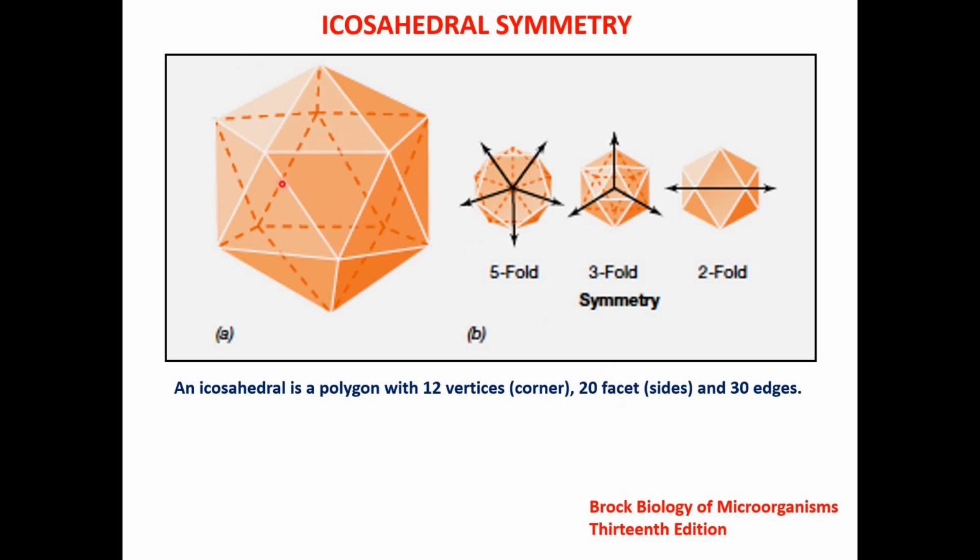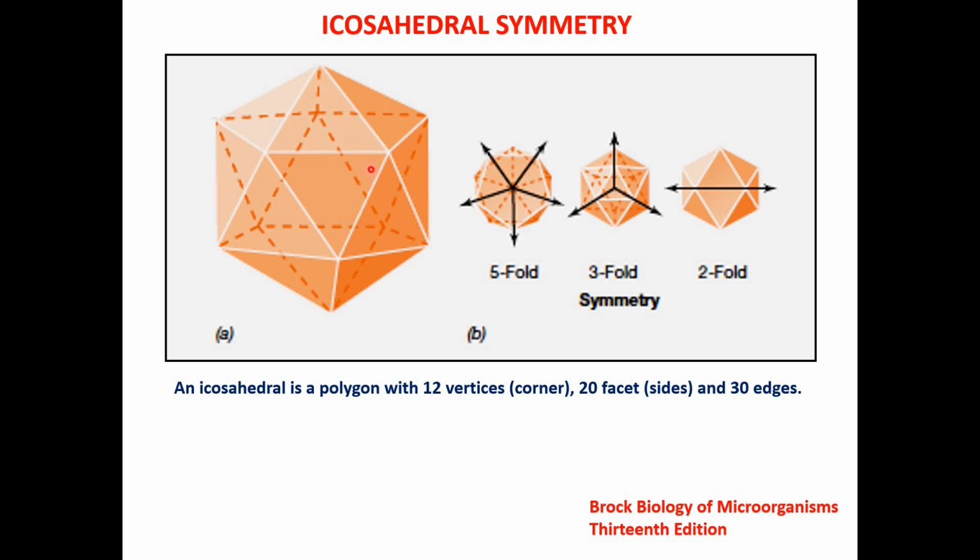These are the facets, the triangular shape. And it has 30 edges, so these white lines are the edges. So when a polygon has 12 vertices, 20 facets, and 30 edges, it becomes an icosahedral symmetrical structure.